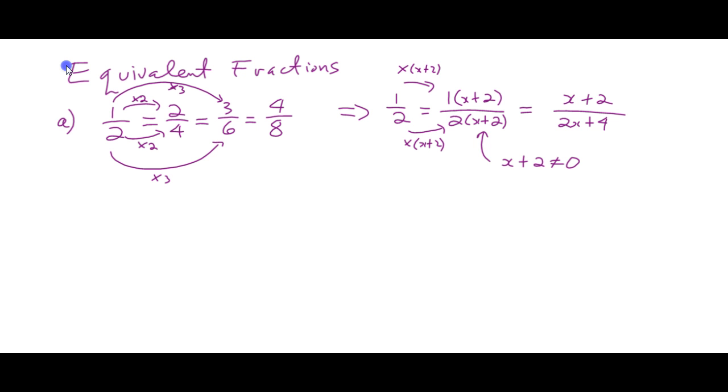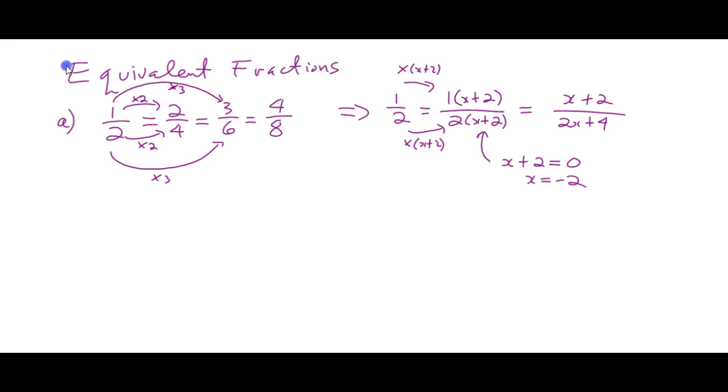The only thing is that x plus 2 can't be 0, because if x plus 2 is equal to 0, then the denominator would become 0 and the expression is undefined, whereas the original is 1/2 and I want this to be equivalent. So what value of x would make this 0? Negative 2. The way you find it is to set x plus 2 equal to 0 and work it out. If x plus 2 is equal to 0, then x would have to be negative 2.